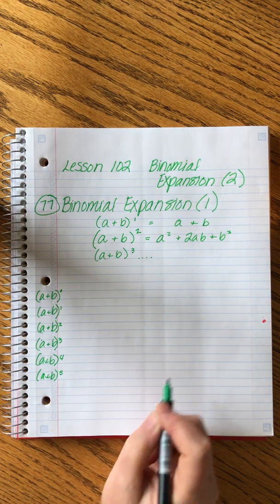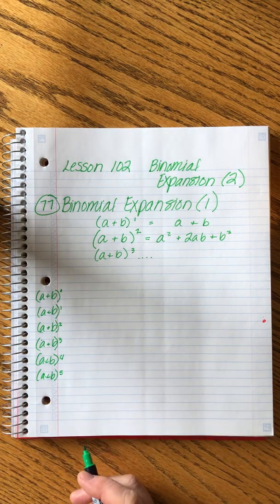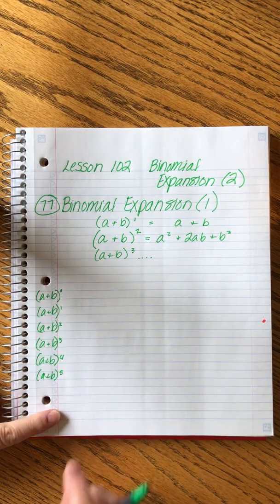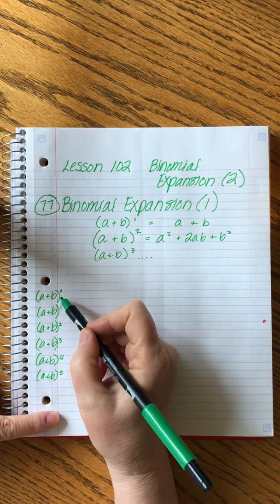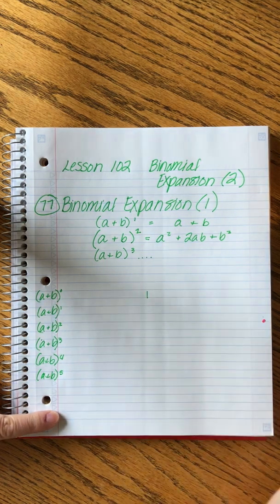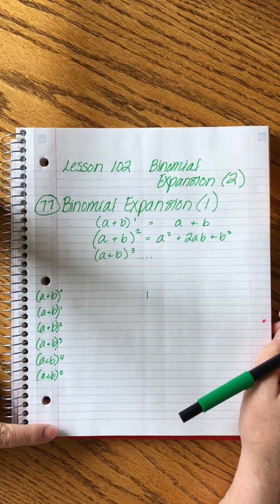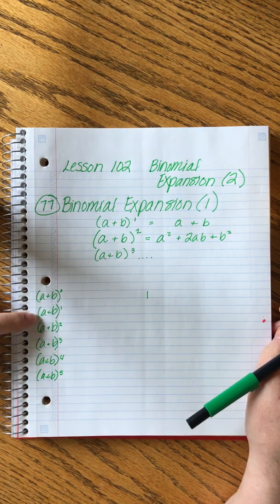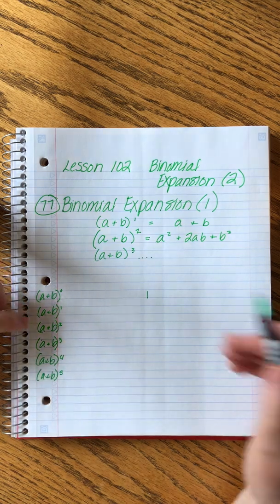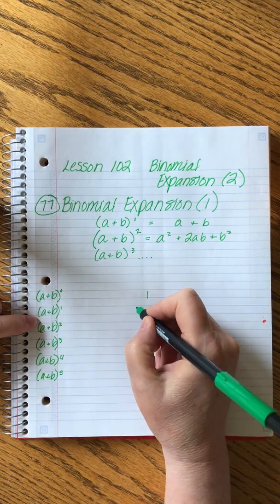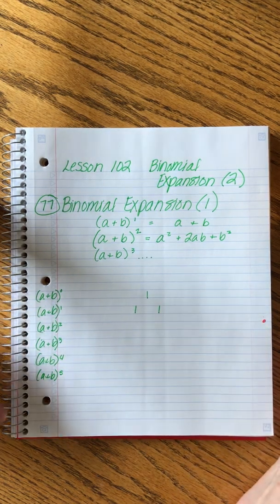Once you get this much done, it's easy enough to add extra rows if you need to go higher in your exponents. Anything raised to the 0 power is 1. So we start with a 1 in the middle. When we raise (a plus b) to the first power, it's just a plus b. So the coefficients are an invisible 1 and 1, right?